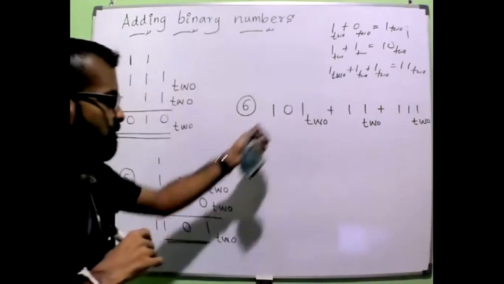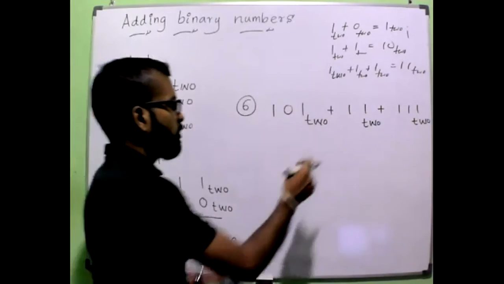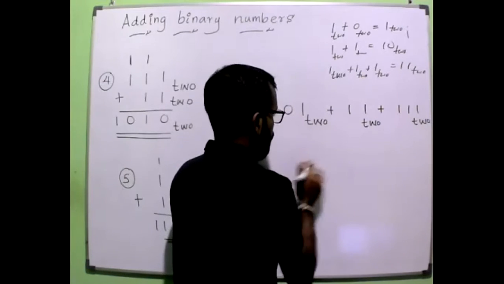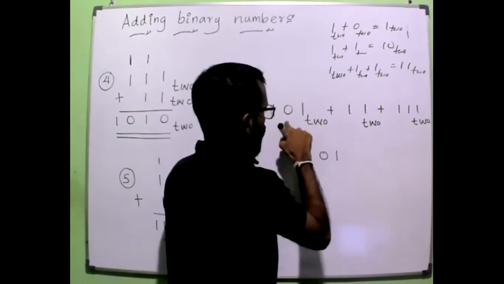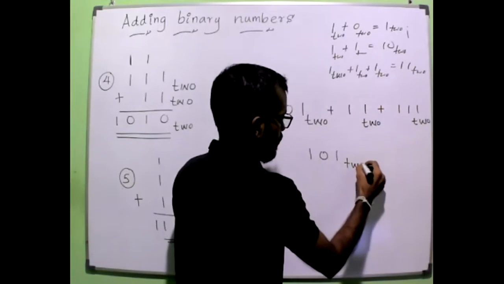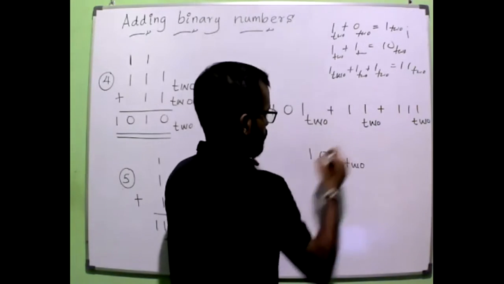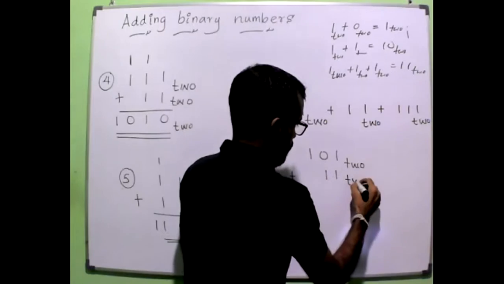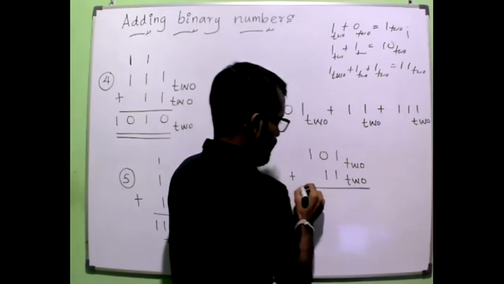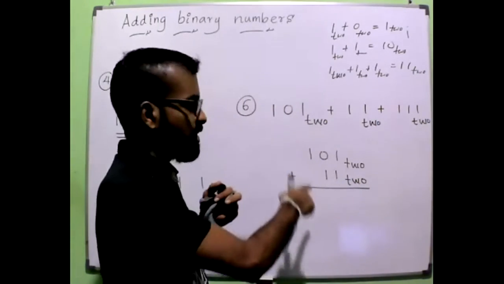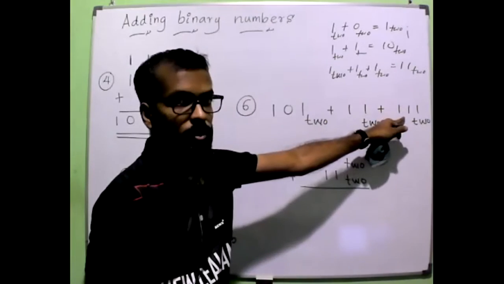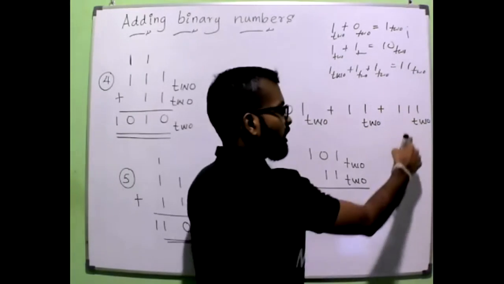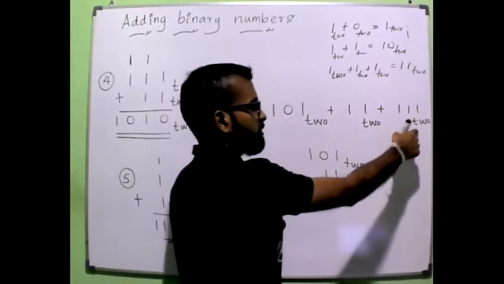When you have something like this, you can pick the first two and do the addition. Do the addition of these two before going into this part, then obtain the answer for this. Then you can add that answer to this.